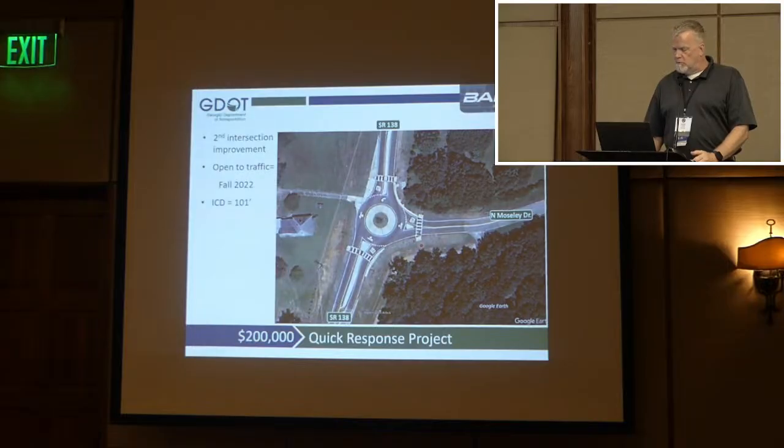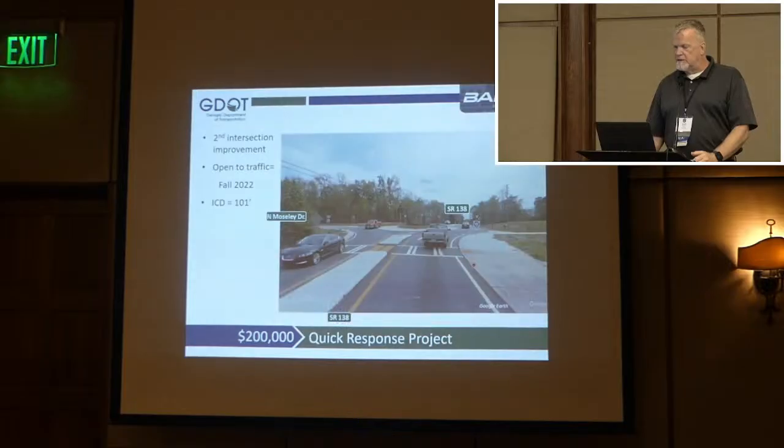This one's up to 101 foot, with enough room to put in raised portions in the central island. You can see it in street view here, where they've got landscaping and signs in the central island to give it a little bit higher conspicuity. But same thing, it has the truck apron on the outside to limit speeds as you cut through the intersection, and those make a big difference. So you had two $200,000 quick response projects, one earlier and then one in 2022 to clean it up.